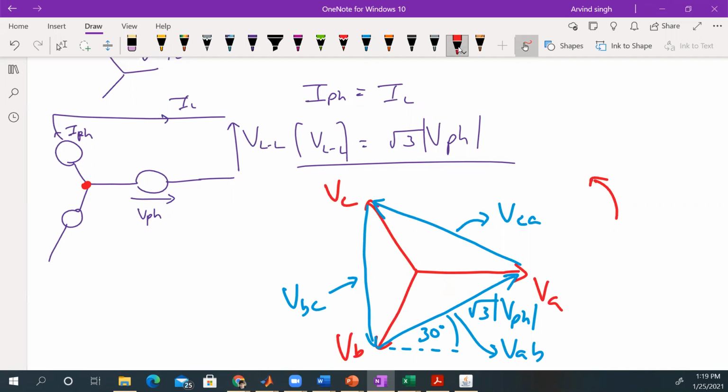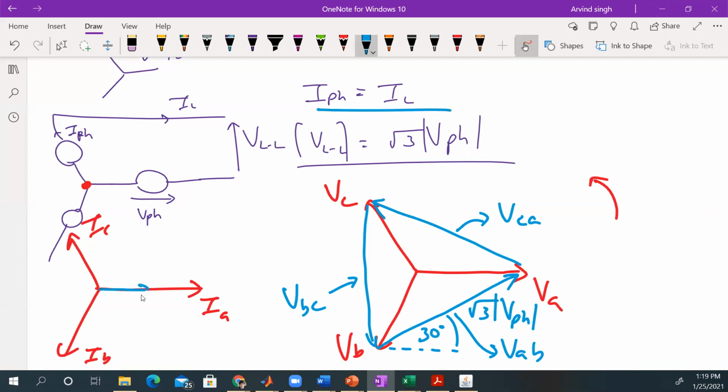For the current, we have IA, IB, IC, right? But in this case, we have I phase is equal to I line. So we get them directly lining up. No change. Actually, let me draw that better, because that gives the impression that it's a different magnitude. It is the same magnitude.